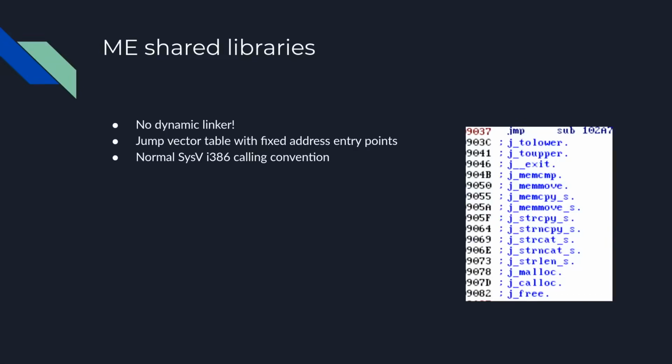So there's the main system library, which is like libc on a Linux system. It's in a flash partition, so you can actually just load it and take a look at it easily. And it starts out with a jump table, so there are no symbols in the metadata file or anything. It doesn't do dynamic linking.